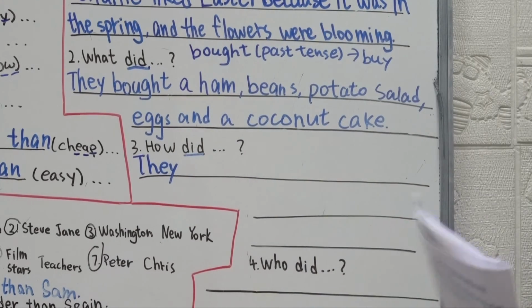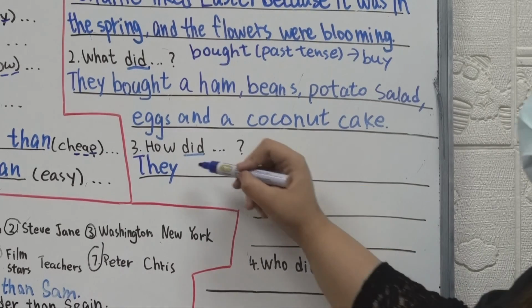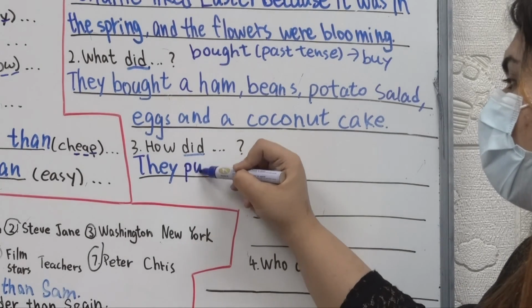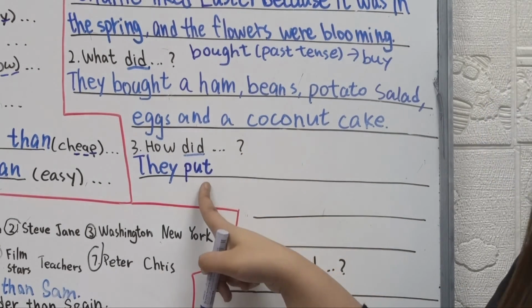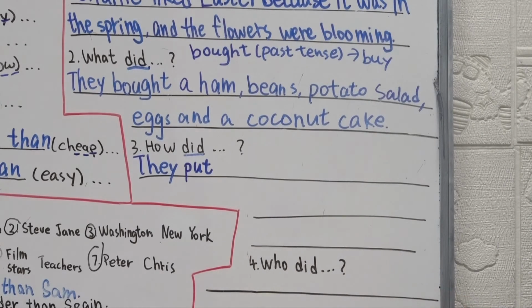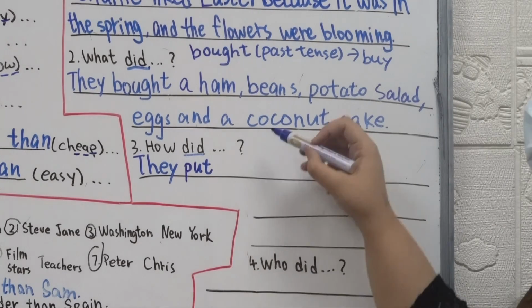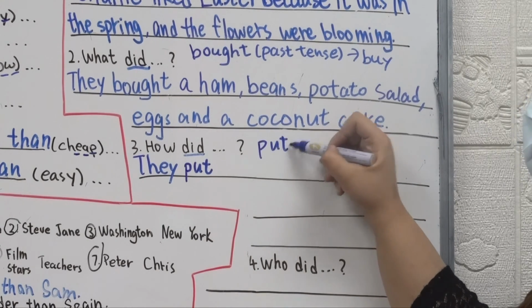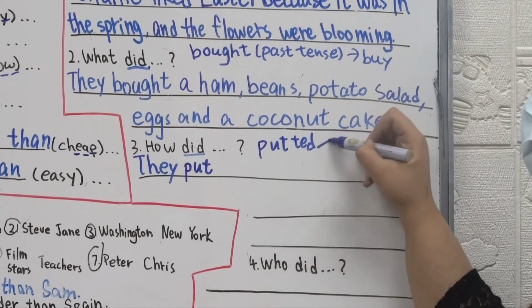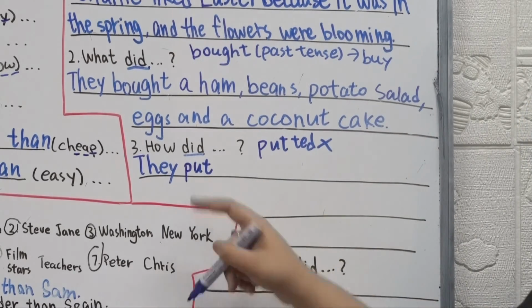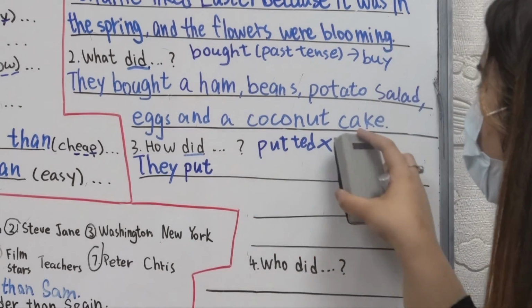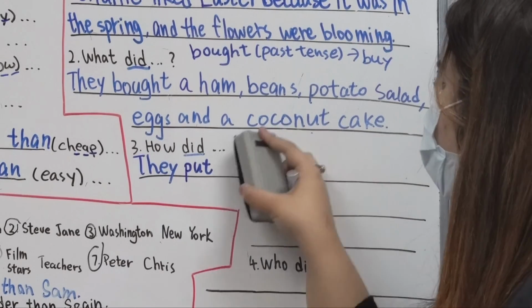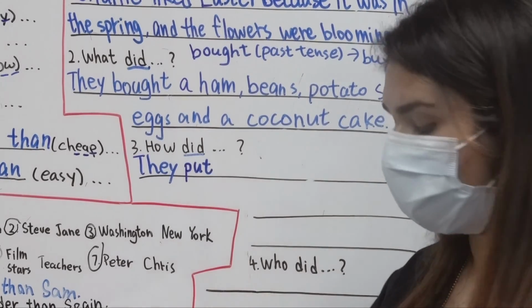So you may have a question, right? So is put the past tense? Yes. Irregular past tense. Alright? We don't say putted. No. Just say put. Okay? The past tense of put is also put. So, yeah. Okay?